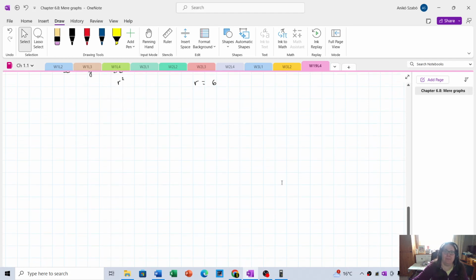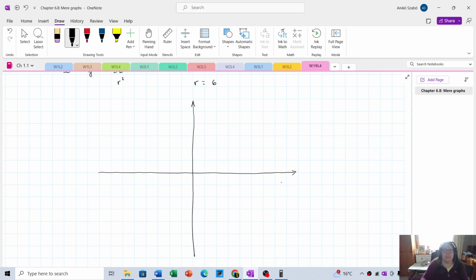r. And then it said construct. So we would have to draw a circle with a pair of compasses. So what we'll do is, I'll just have this as 6 because I didn't draw this big enough.